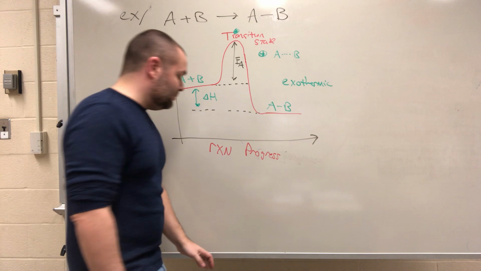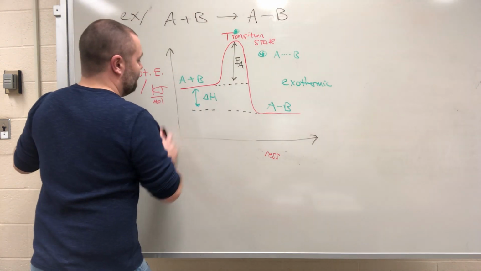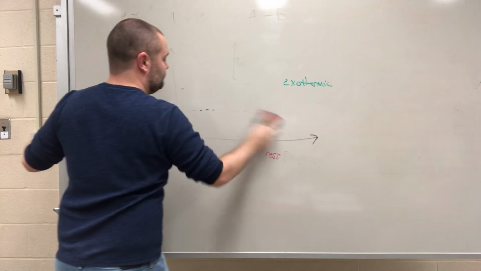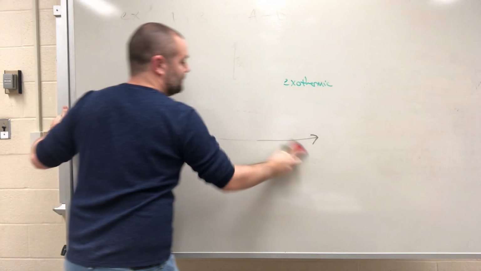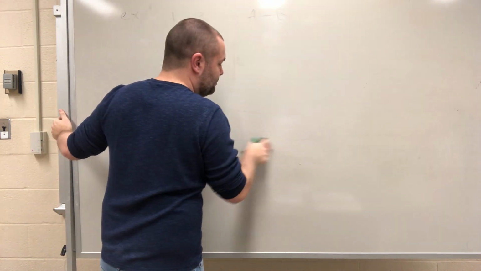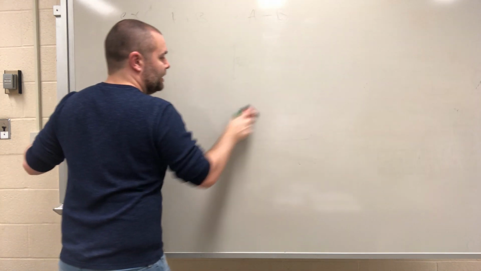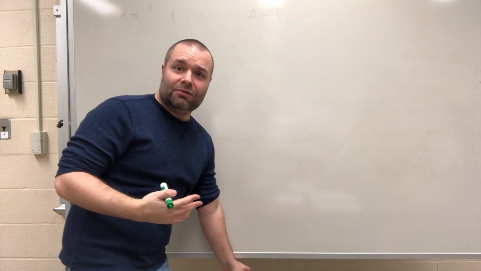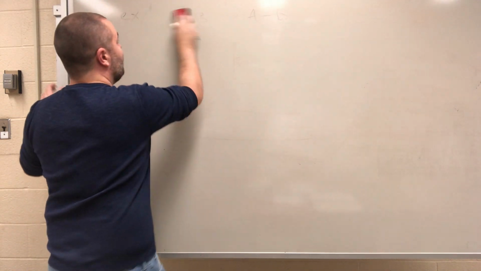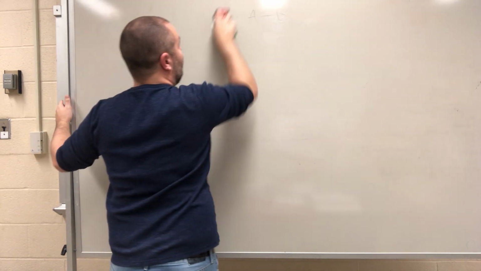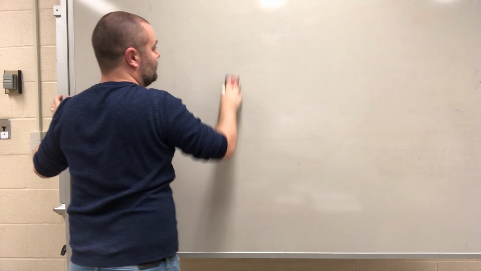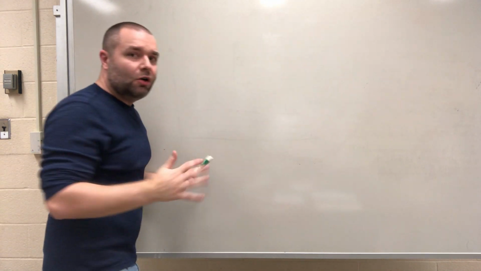I wanna do one more example quick. And I'm gonna write this one like a mechanism, as a multi-step reaction. So let's start by, and then we're gonna draw in the transition states.